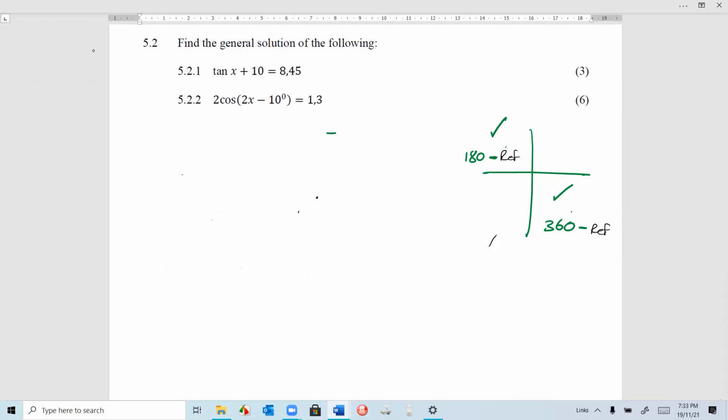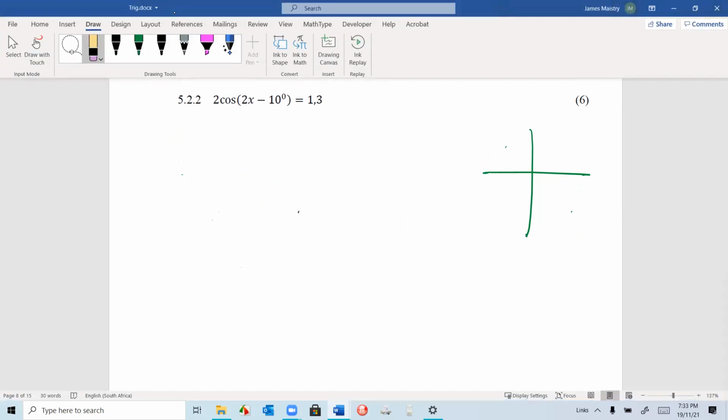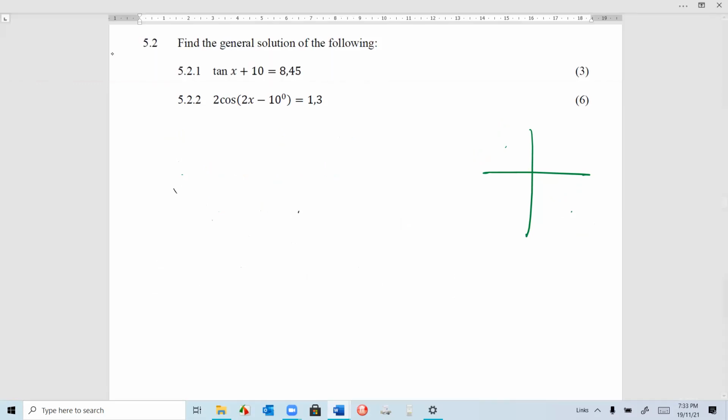Okay, so if we look at the next question, I'll give you some time to get started while I'm rubbing my board. Remember I said we want to isolate the cos. There's a number in front of cos, so to get rid of that number, we'll divide both sides by 2.